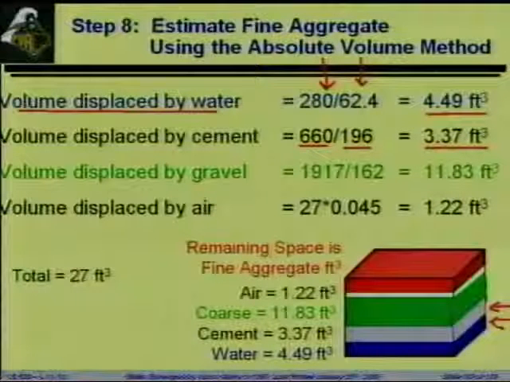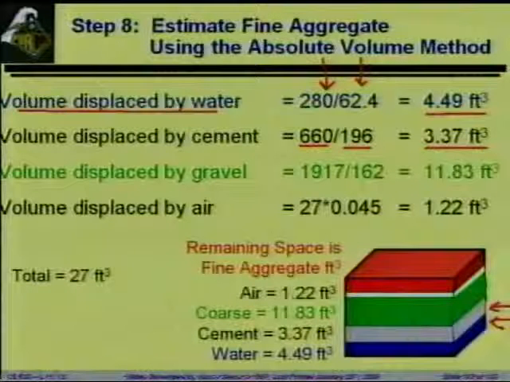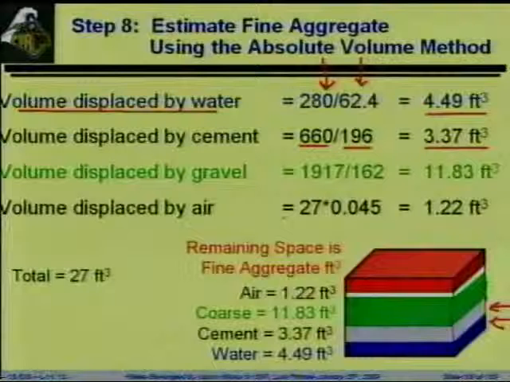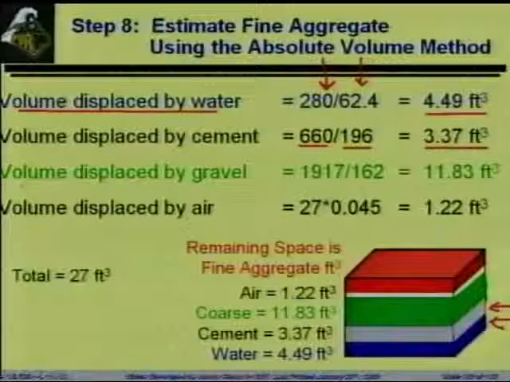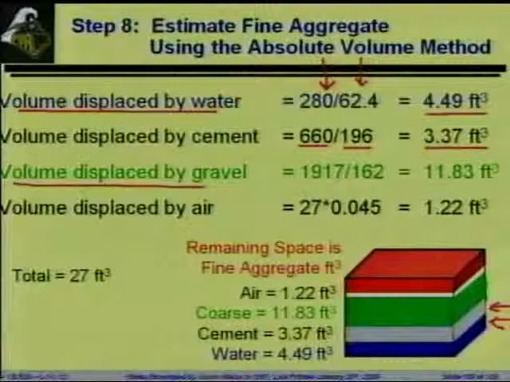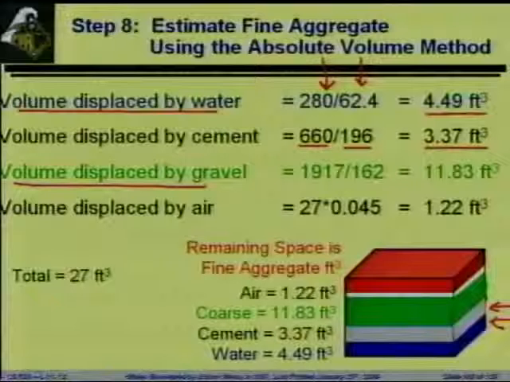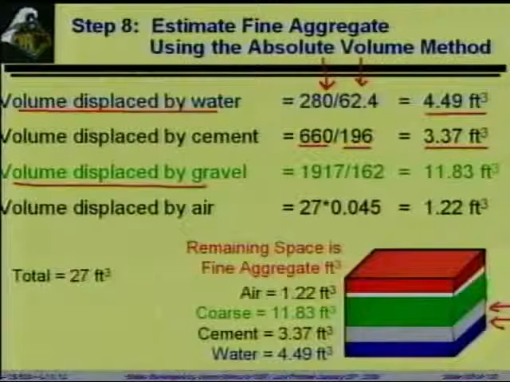Now the next thing you may look at may cause confusion, and I'm going to try to explain this very carefully to eliminate where the confusion comes from. We can look at the volume of the coarse aggregate, and you may say, well, we just had the volume of the coarse aggregate. It was 19.17 cubic feet. Remember, that was the dry rodded volume.